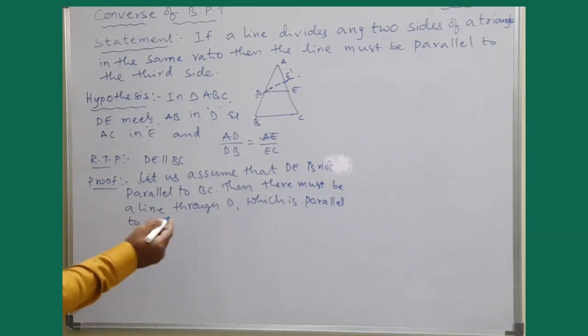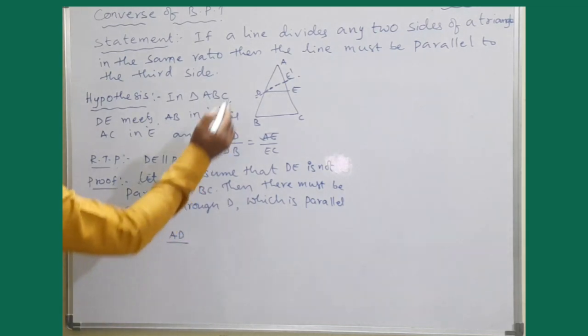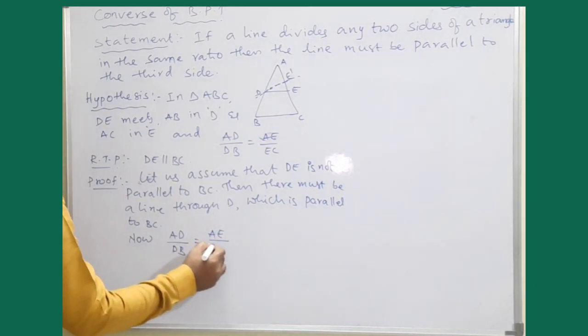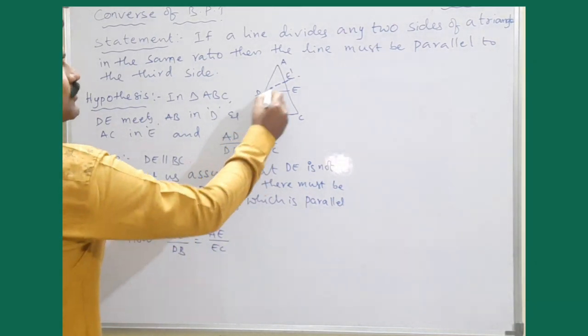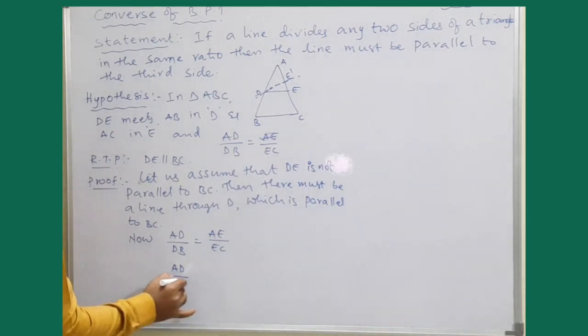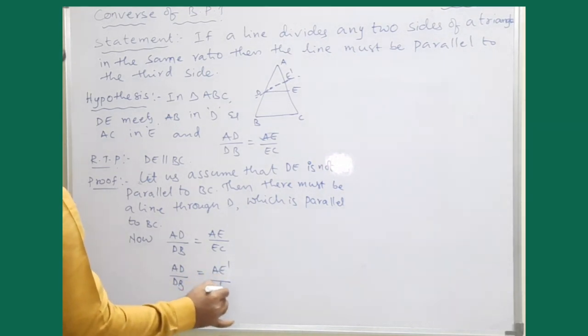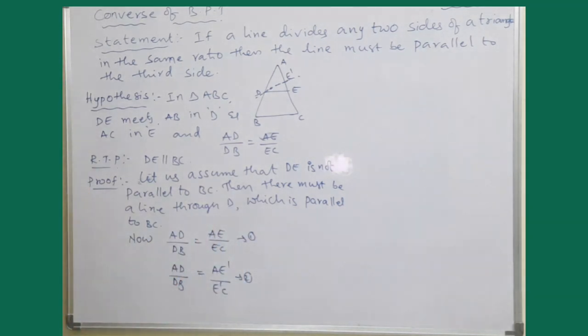Now according to BPT, I can say that AD by DB is equal to AE by EC, isn't it? But now suppose DE dash is parallel, then AD by DB is equal to AE dash by E dash C. So let it be equation 1 and equation 2.